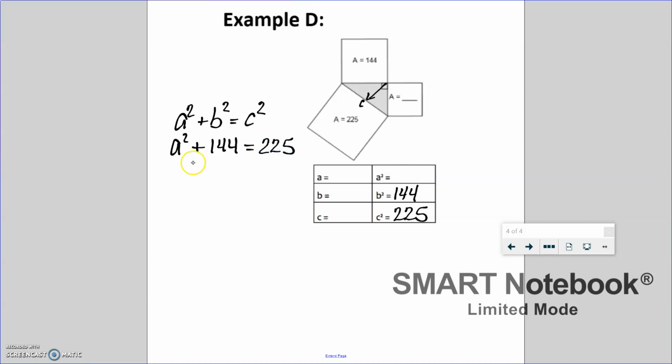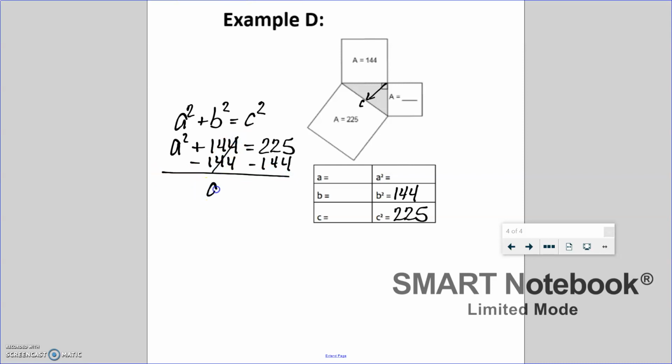Now I want to get A by itself, so I'm going to subtract 144 from 225. And then we get 81.